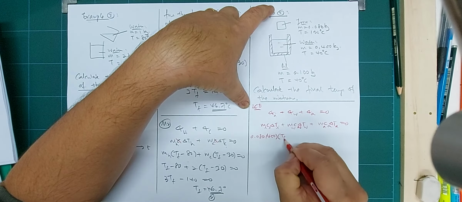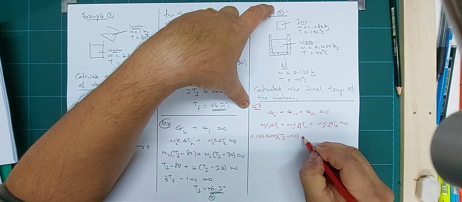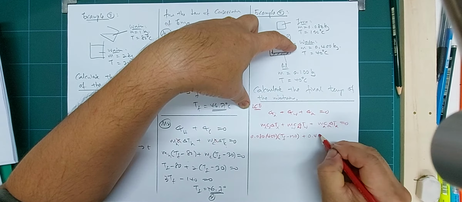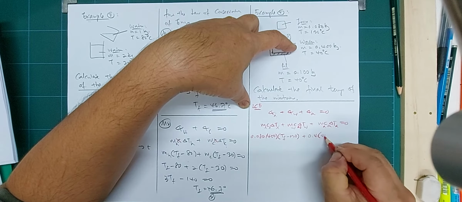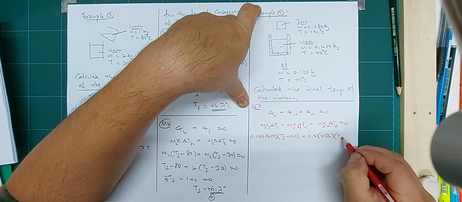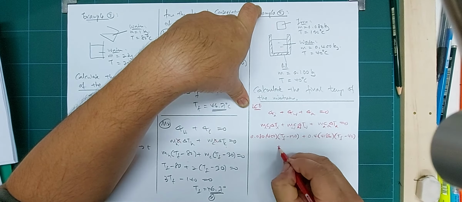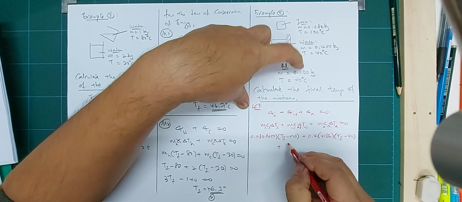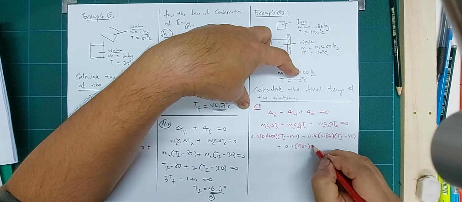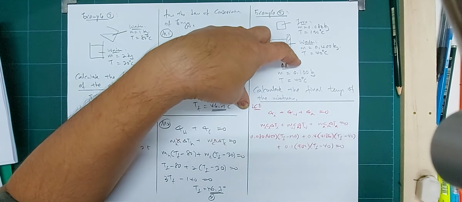So we have TF minus 120 for the iron, plus for water 0.4 multiplied by 4186, and the change of temperature is TF minus 40. Then plus another one for the aluminum can, 0.1 times 900, multiplied by TF minus 40, the same, equal to 0.